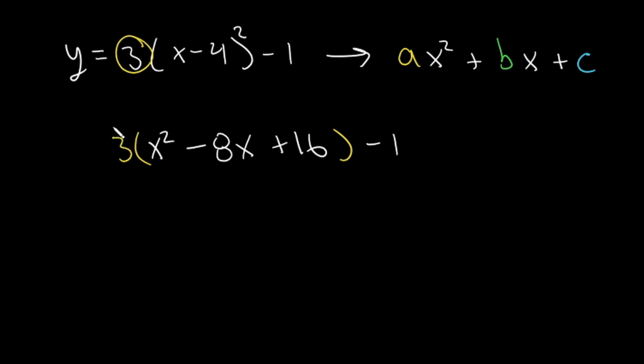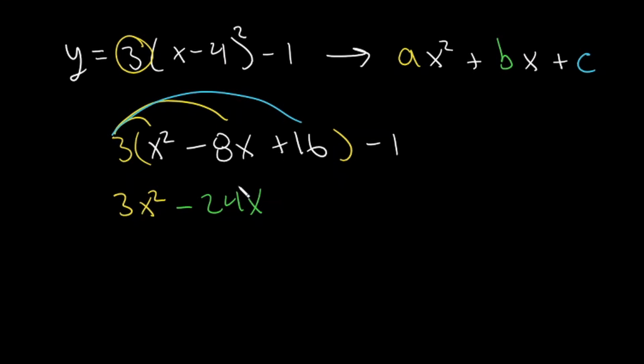So now let's distribute this 3. 3 times x squared is 3x squared. 3 times negative 8x, well, 3 times 8 is 24, so this is going to be negative 24x. And then 3 times 16, that is going to be 48. And then we subtract 1.